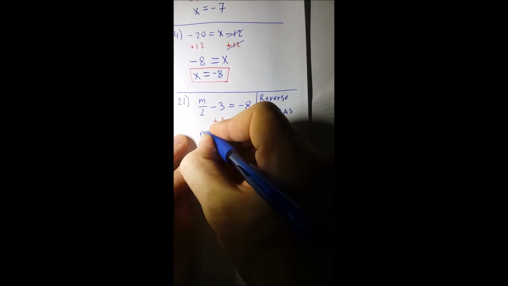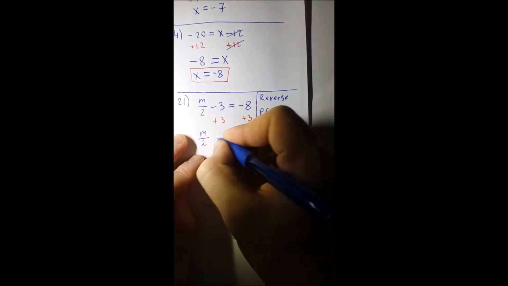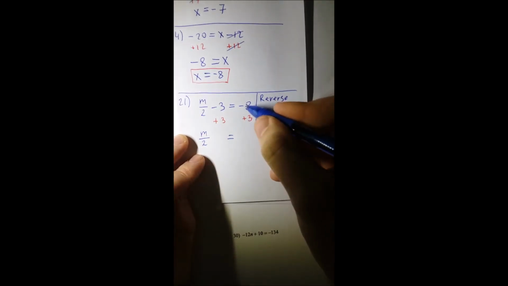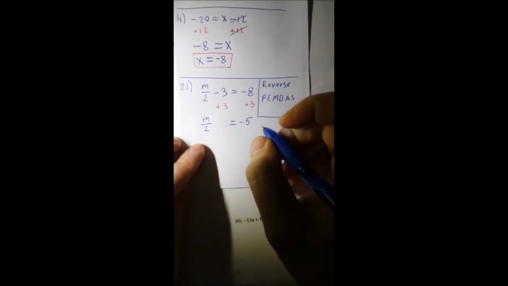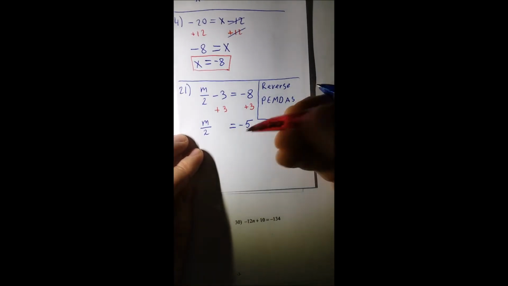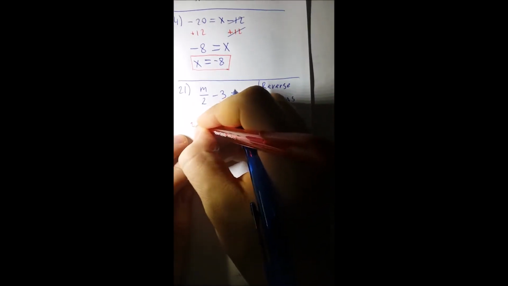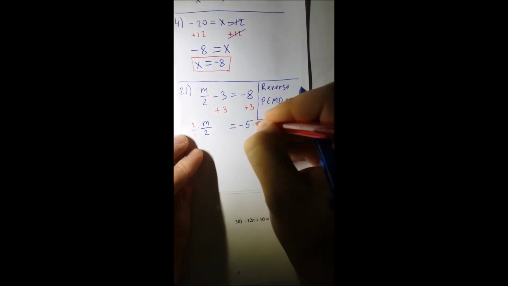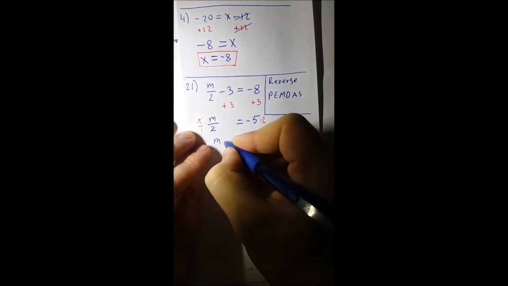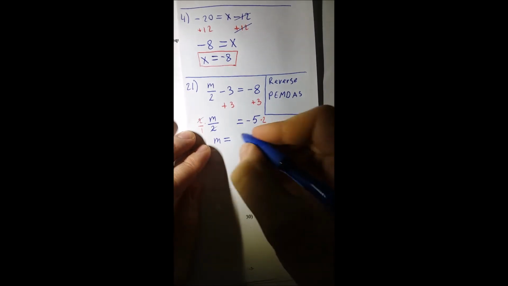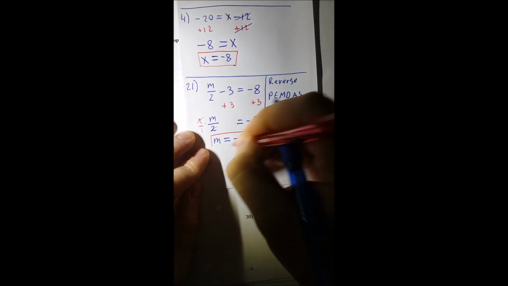So you have m over 2 equals -8 plus 3, which is -5. And then you multiply both by 2. That's your next step. Now, this 2 and this 2 cancel out, so you get m equals negative 2 times 5, which is negative 10. Final answer.